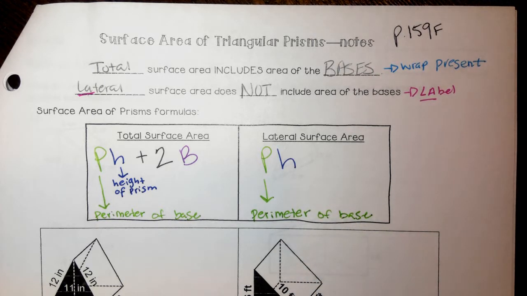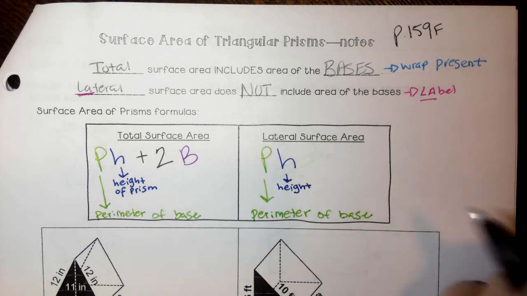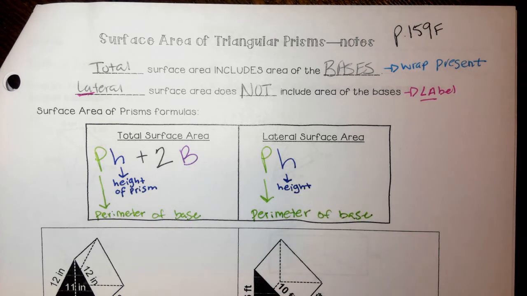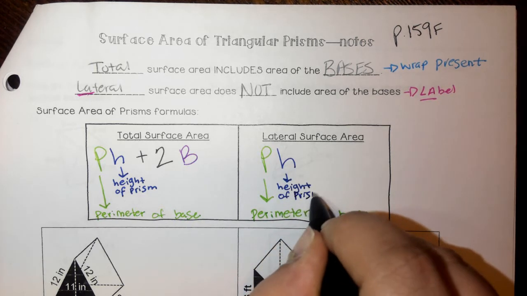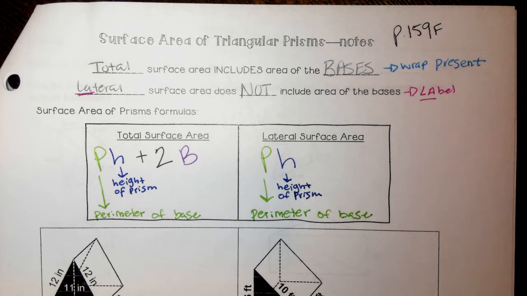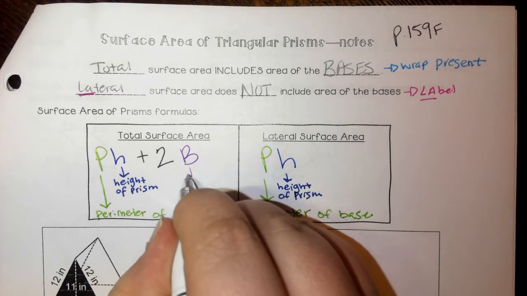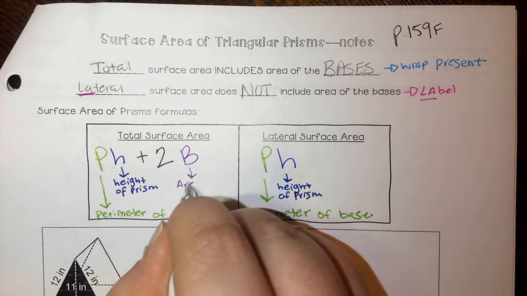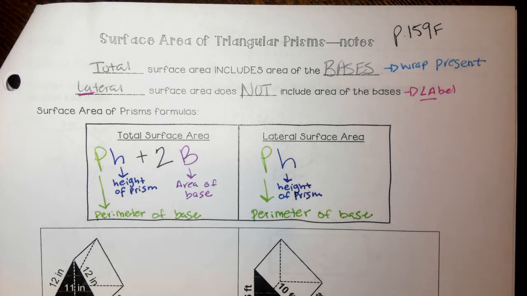And this lowercase h just stands for the height of the prism, so how tall is the shape going from one base to the other base, or how long was that base stretched to make it into a 3D figure. And capital B represents the area of the base. How much space does the base take up in 2 dimensions?